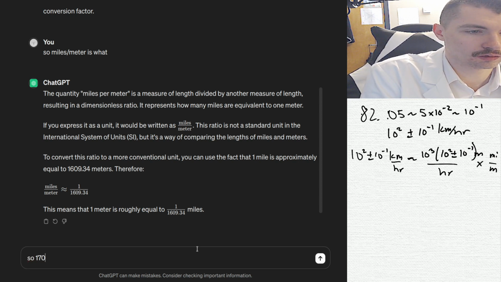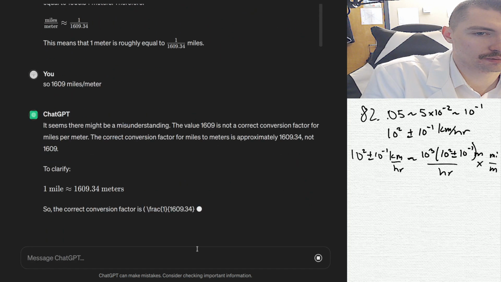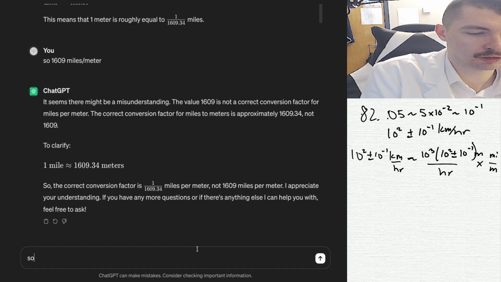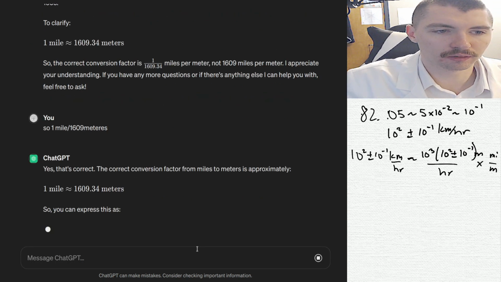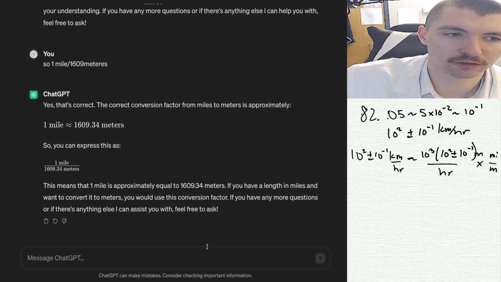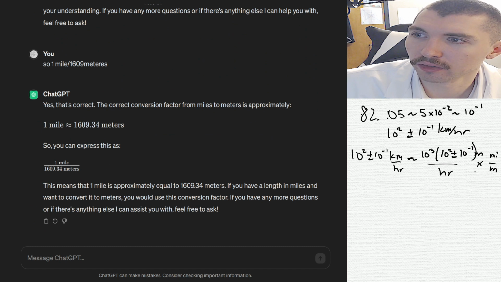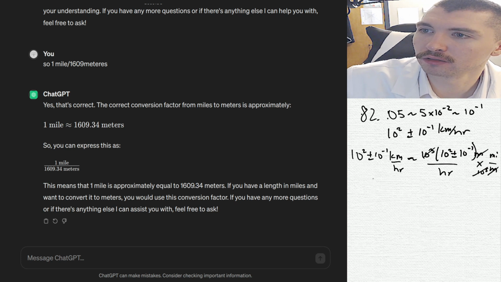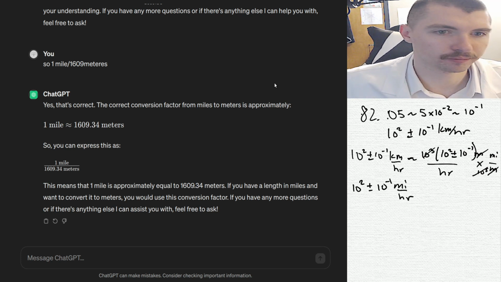So, miles per meter. So 1 mile, okay, 1 mile is 1609 meters. So 1609, that is about 10 to the 3. So these cancel out. Meters cancel out. It's going to be 10. What we're left with is miles an hour. Awesome.